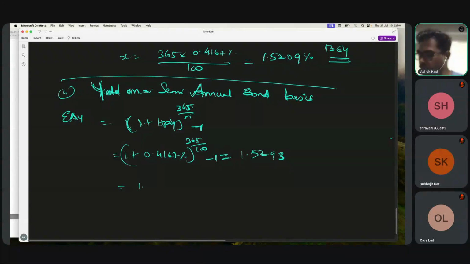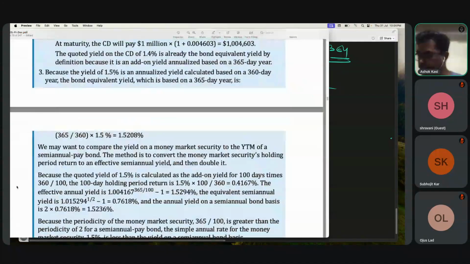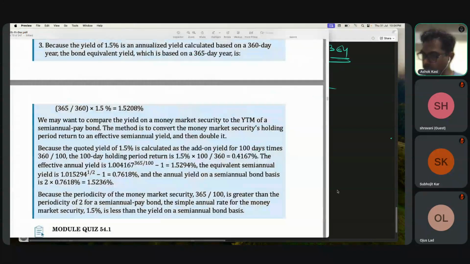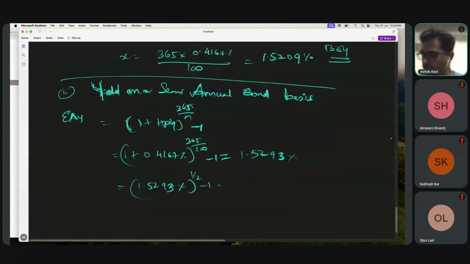So now, 1.5293 percent, raise to 1 by 2, and then minus 1. I'll tell you the reason, but just do it now.